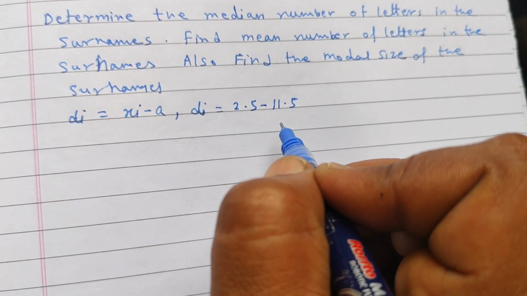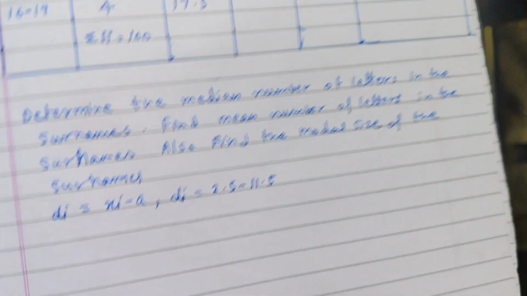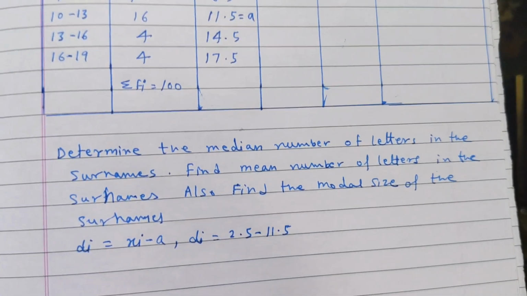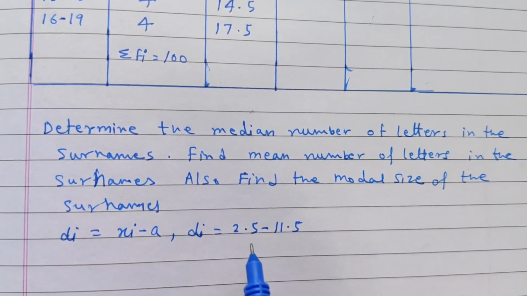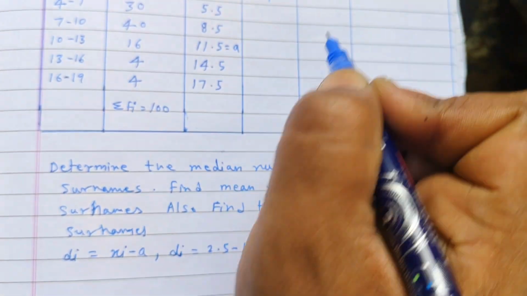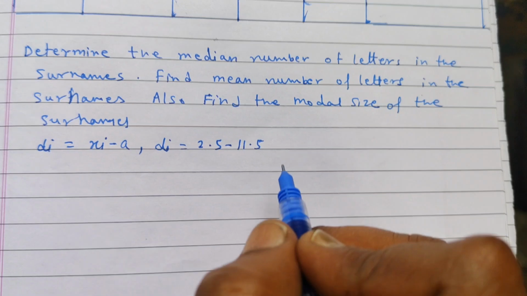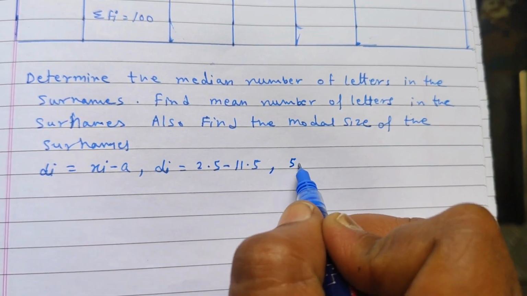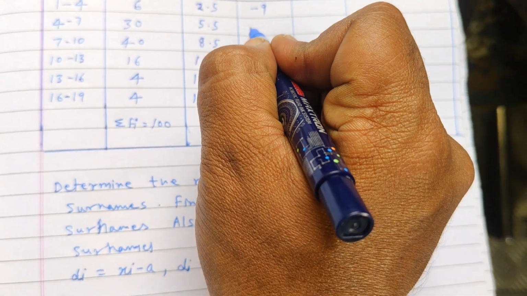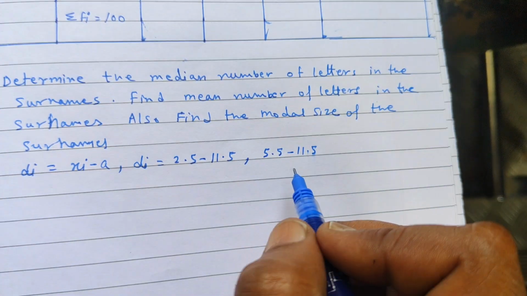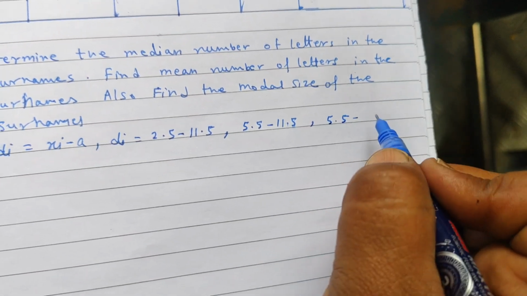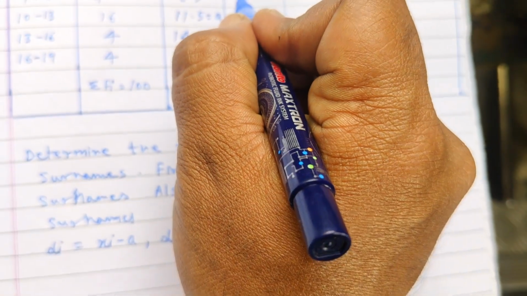So di is minus 9. Next, 5.5 minus 11.5 gives minus 6. Then 8.5 minus 11.5 gives minus 3.